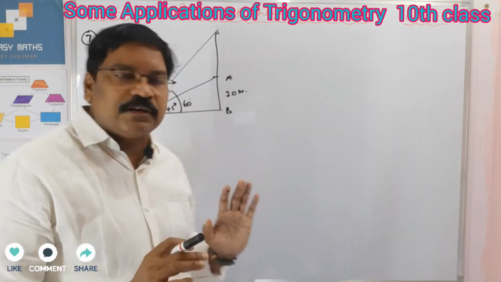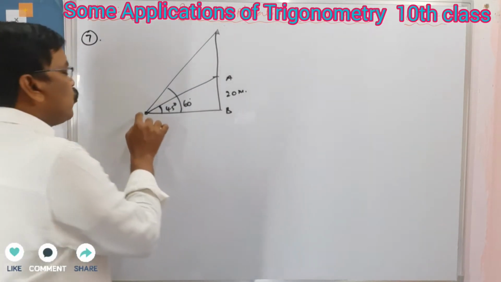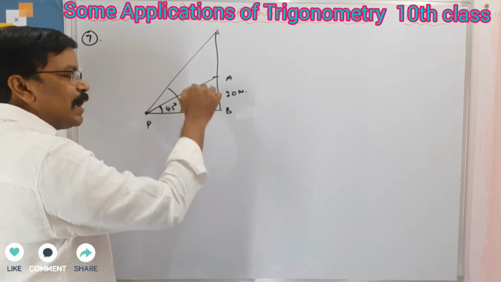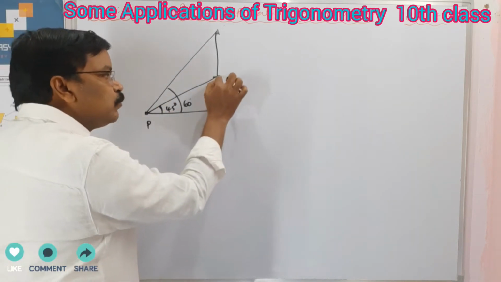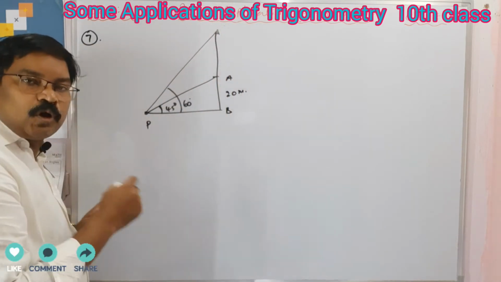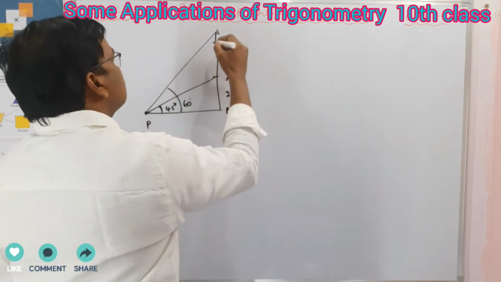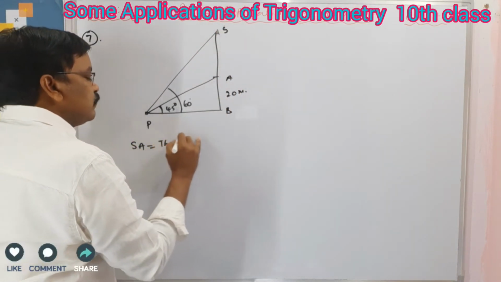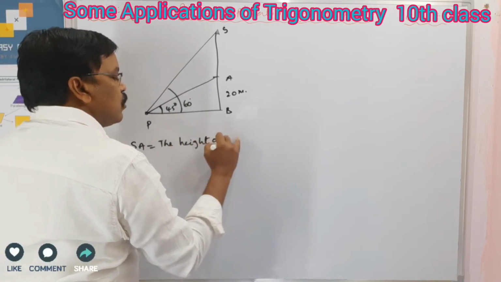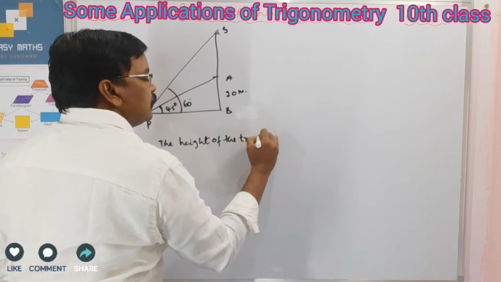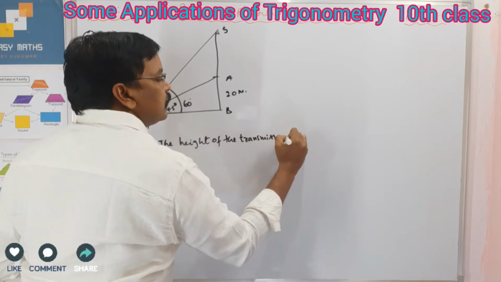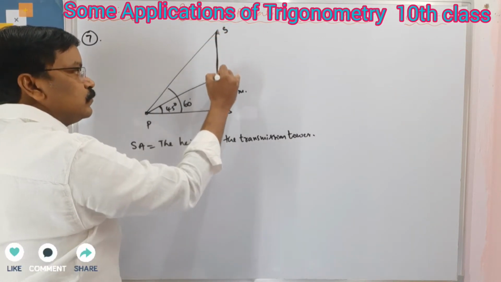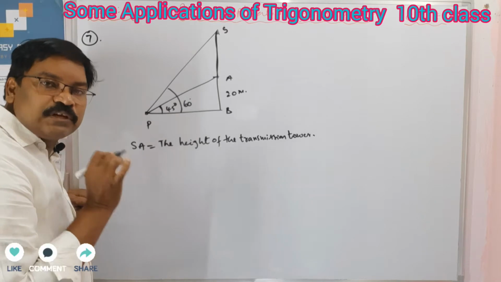Let me explain the question statement here. See, there is a point on the ground, that means this PB is the ground. From the point, the angles of elevation of the bottom and top of the transmission tower. Here, this is S. This SA is the height of the transmission tower.